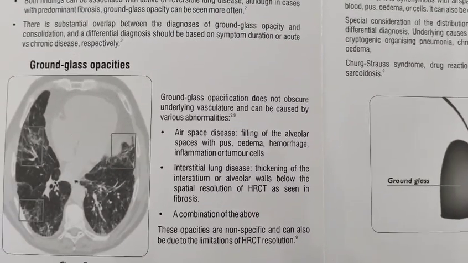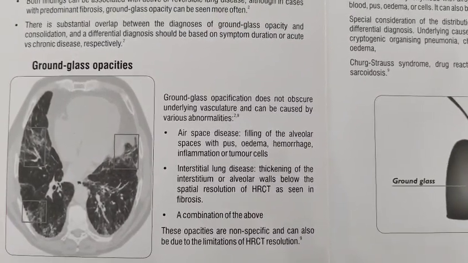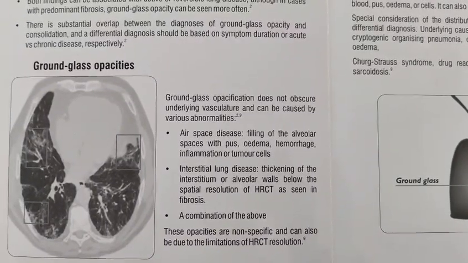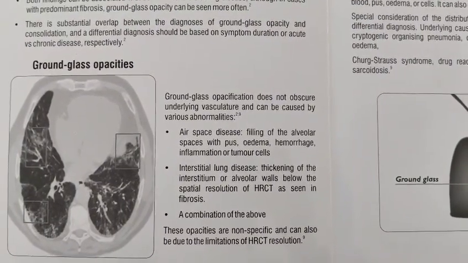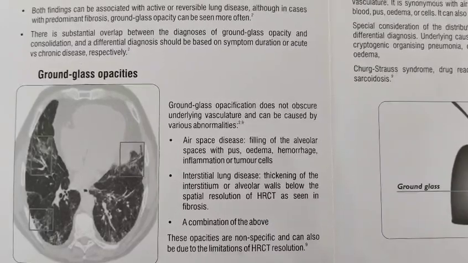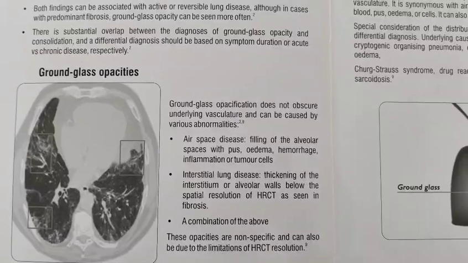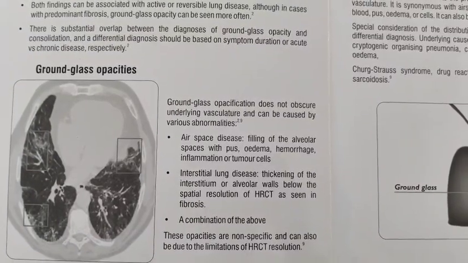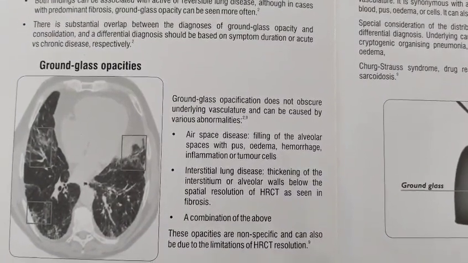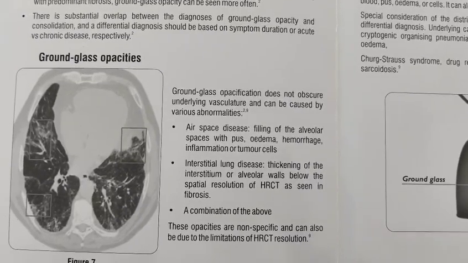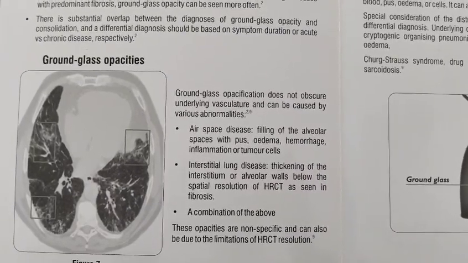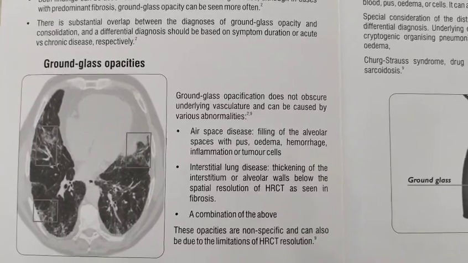Firstly, airspace disease: filling of the alveolar spaces with either pus, edema, hemorrhage, inflammation, or tumor cells. And interstitial lung disease: thickening of the interstitium or alveolar walls below the spatial resolution of HRCT, as seen in fibrosis, or a combination of airspace disease and interstitial lung disease. These opacities are non-specific and can also be due to limitations of HRCT resolution.